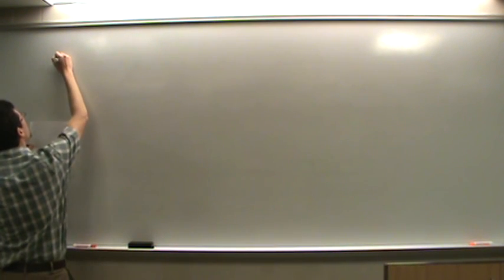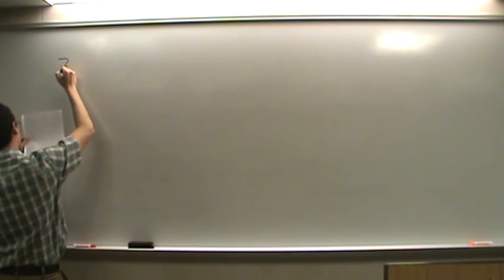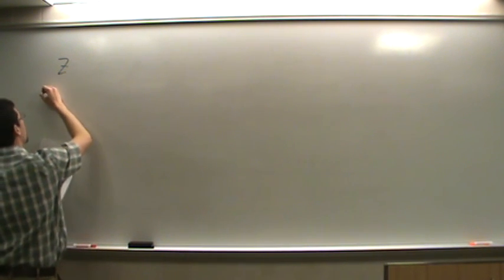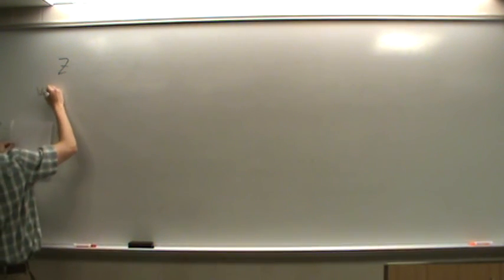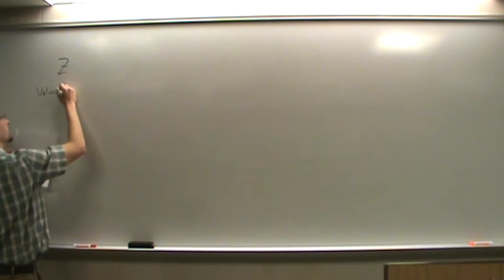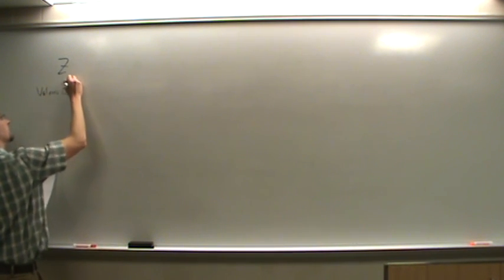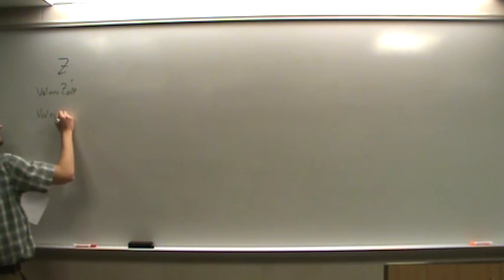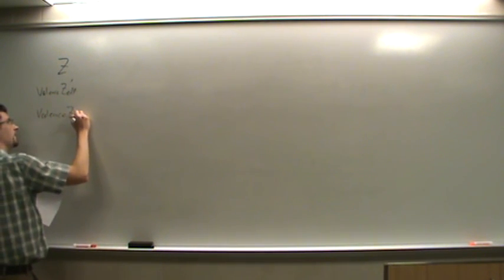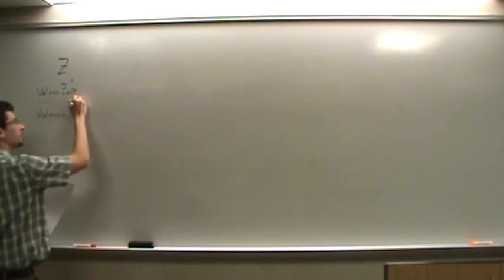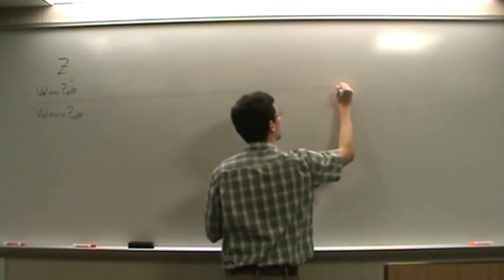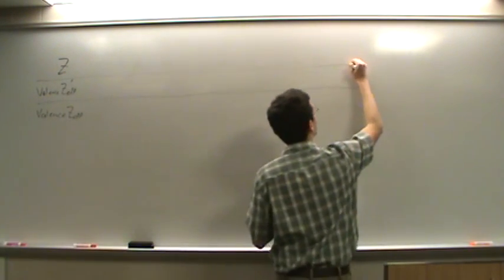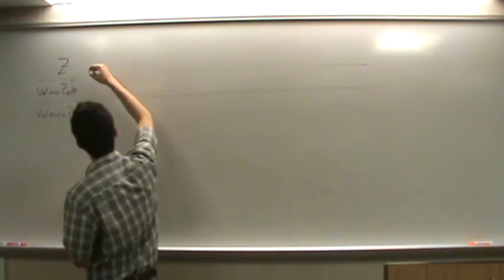We're going to keep track of Z, our effective nuclear charge. We're then going to look at the valence Z effective prime, and then the valence Z effective, for a variety of different elements.